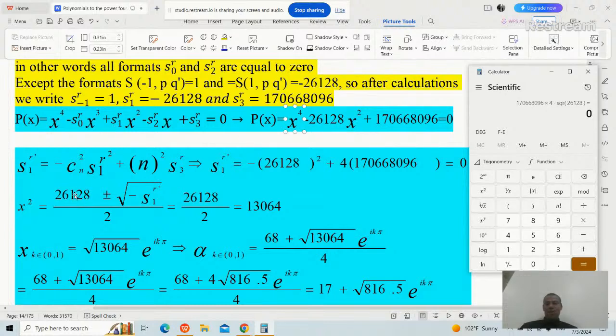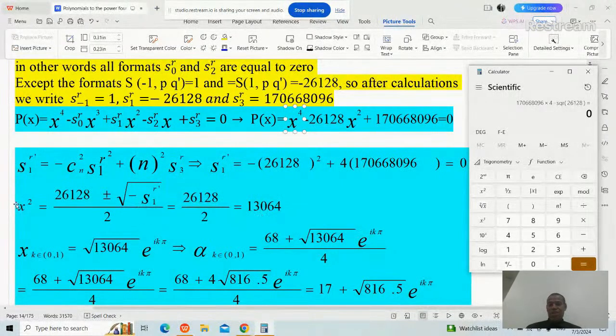The formula is minus s1 of order r plus the root of s1 of order r dash. So minus s1, minus minus, will give you positive 26,128 plus the negative root of s1 of order r, which is 0. So this has to be equal to 26,128 divided by 2, which gives 13,064.